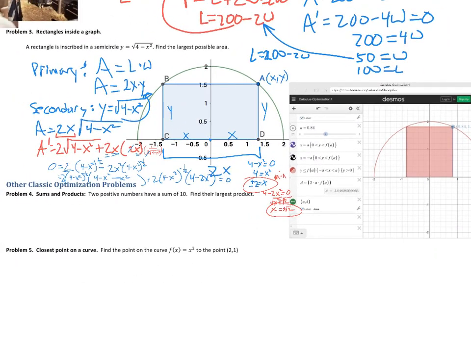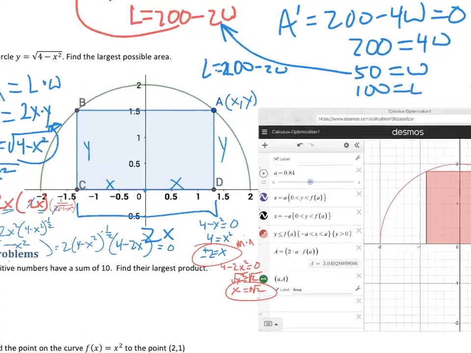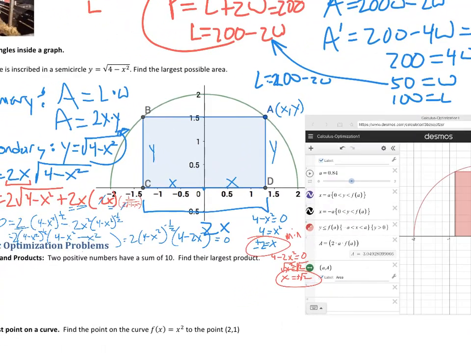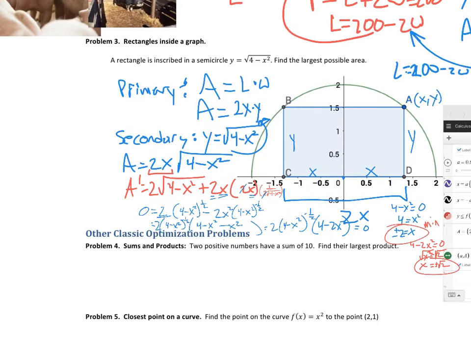So we want this point to be the square root of 2, and we've got to find the y value. So we're going to use this equation here, and when you plug in the square root of 2, we get the square root of 2. So x equals the square root of 2, and y equals the square root of 4 minus the square root of 2 squared.